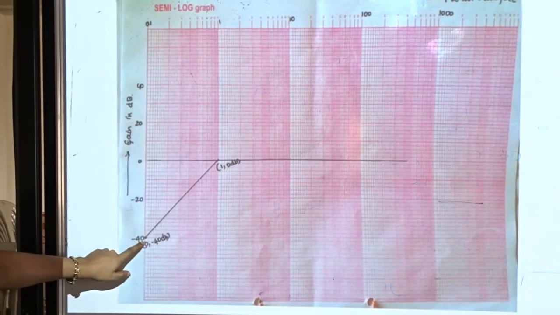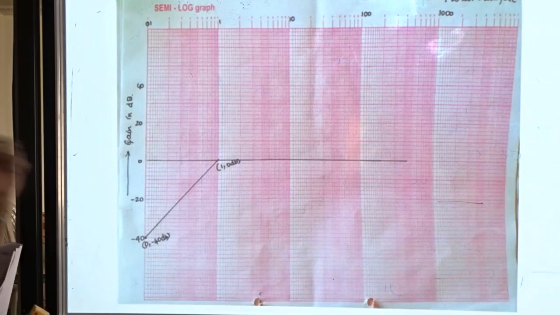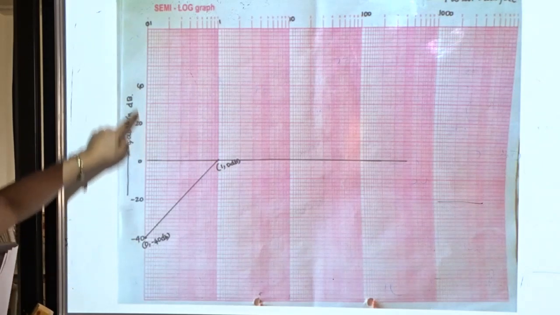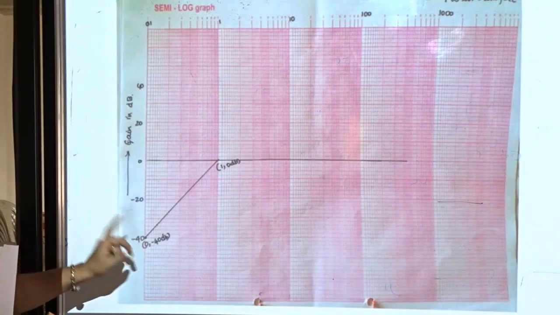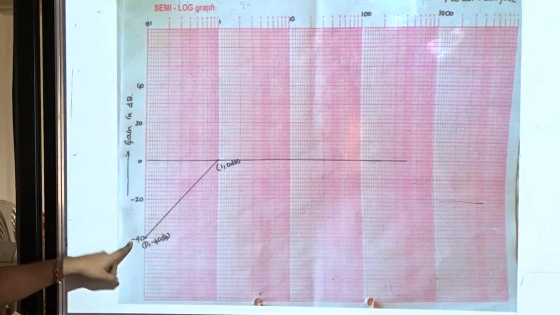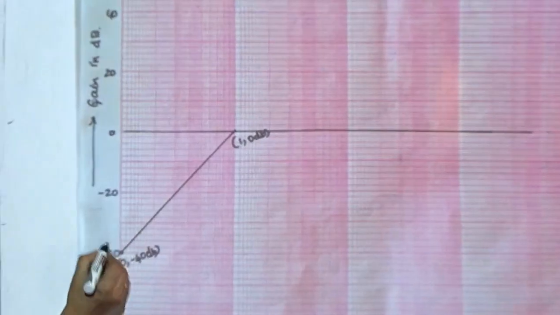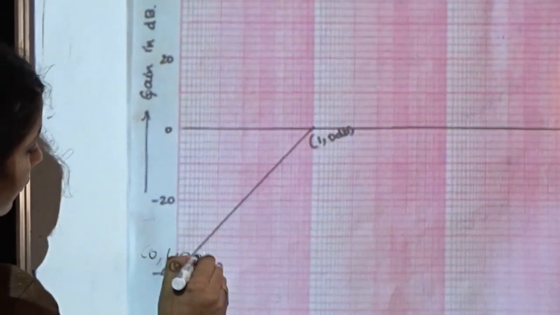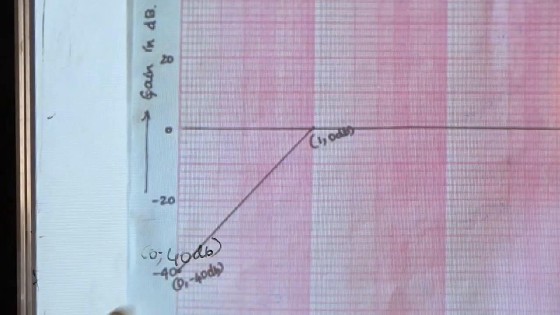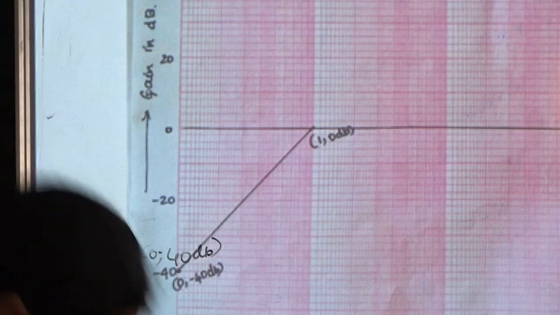Now, as we have calculated, at 0.1 the gain from the transfer function is minus 40, and it has to go with a slope of plus 40. The coordinate of this is 0.1, minus 40 dB. Where should it go?